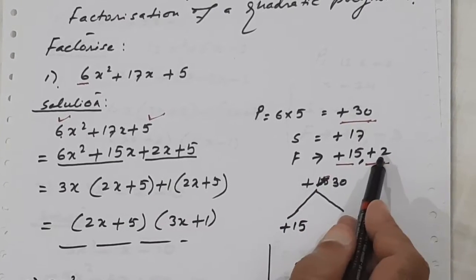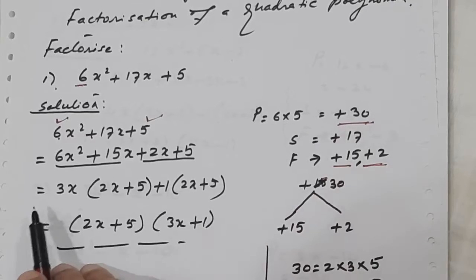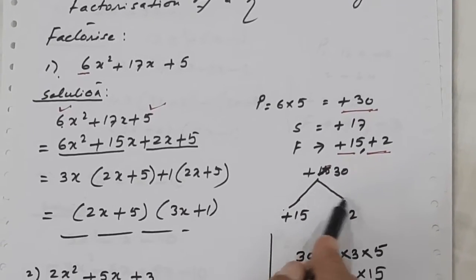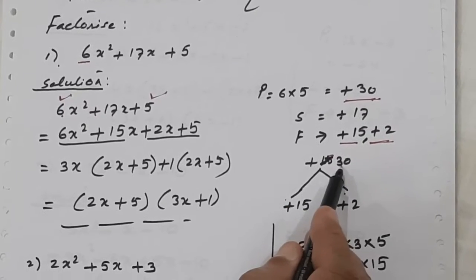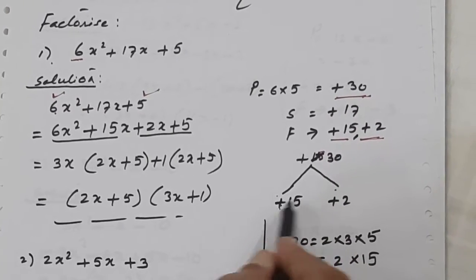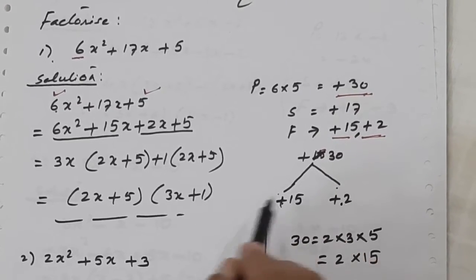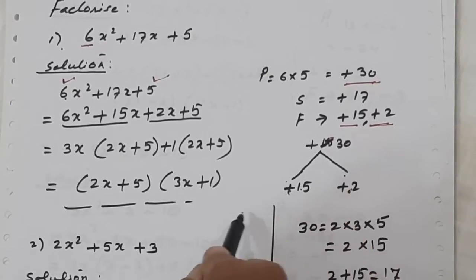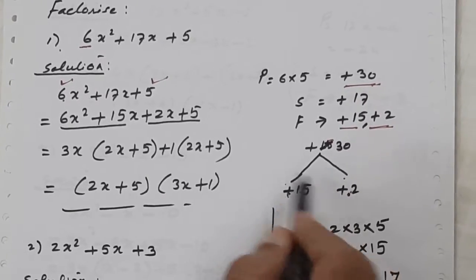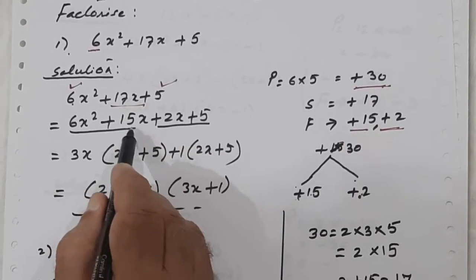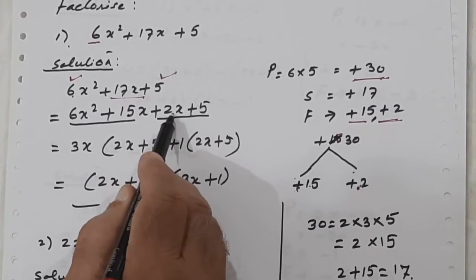So 15 plus 2 is 17, and 15 times 2 is 30. In your textbook, this type of diagram is given, and it can be solved like this. Plus 30 here is the product, and this is the splitting of the middle term, plus 15 and plus 2. You can check here also: plus into plus, 15 into 2 is 30, and the sum 15 plus 2 is 17. So split the middle term 17x into 15x plus 2x.